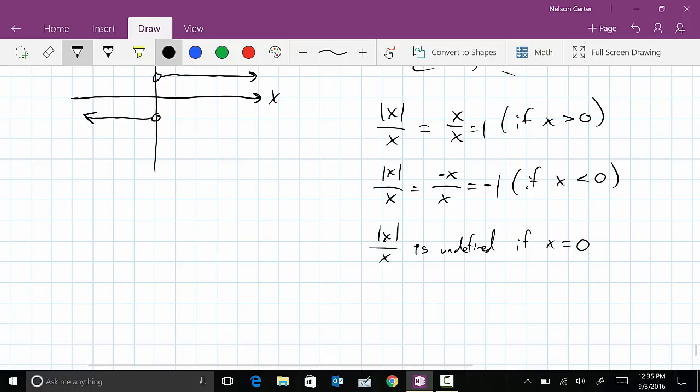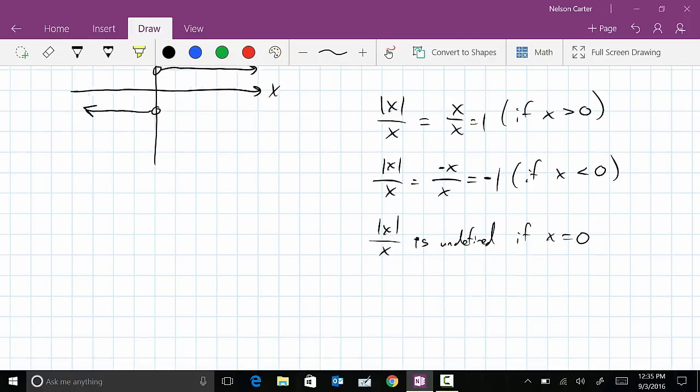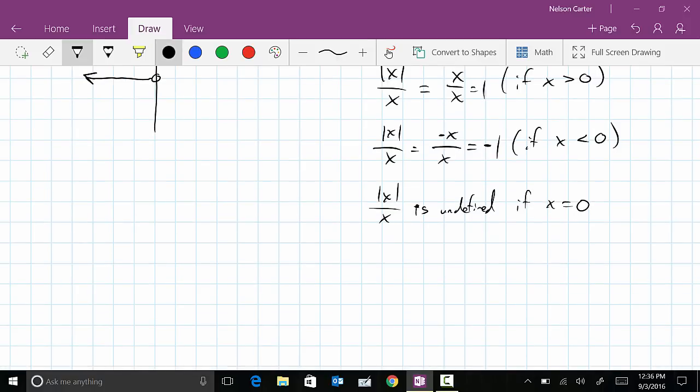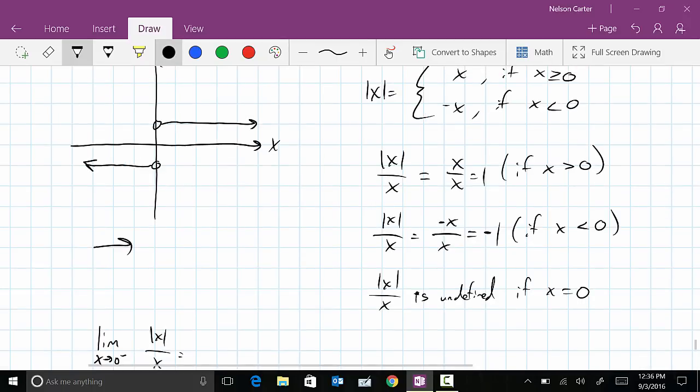We've kind of done a lot of the work over here. Here's how you can prove this. So we've got that the limit as x approaches 0 from the left of the absolute value of x over x. Now this is from the left, so this is going to be from the negative side.